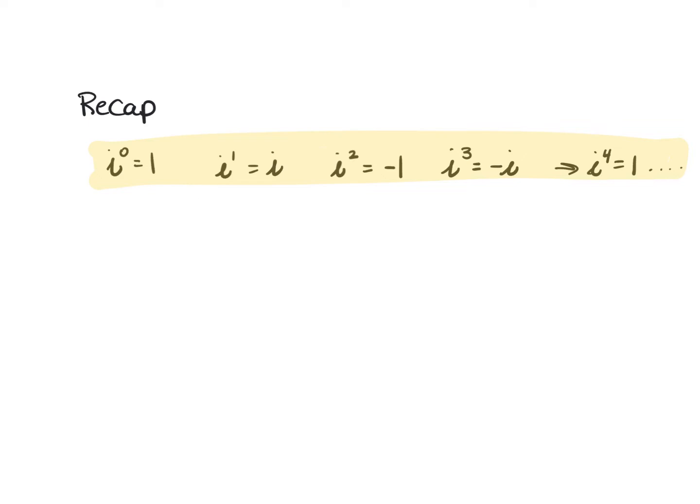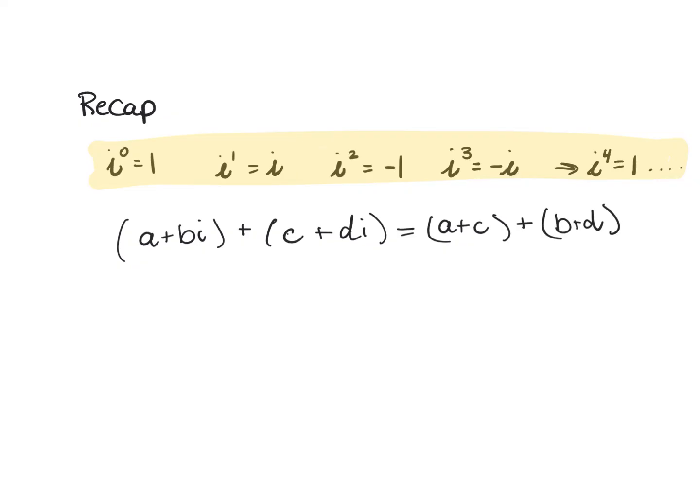And then we learned yesterday that you add and subtract complex numbers. If I have two complex numbers and I'm adding or subtracting them, I add the real parts together, and then I add the imaginary parts.